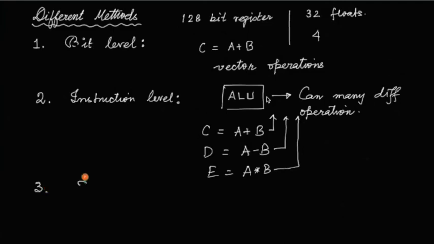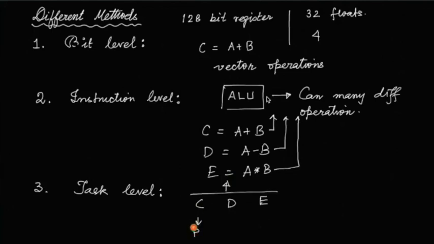Then you have task parallelism. The task parallelism is different now. These different tasks, C, D, and E, these three calculations, can go to different processing units.